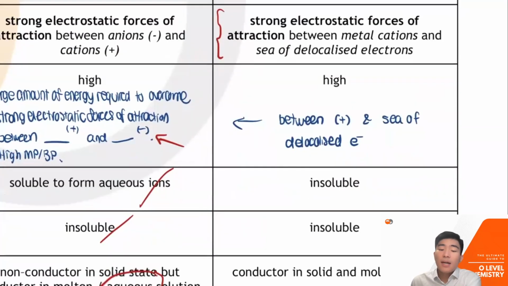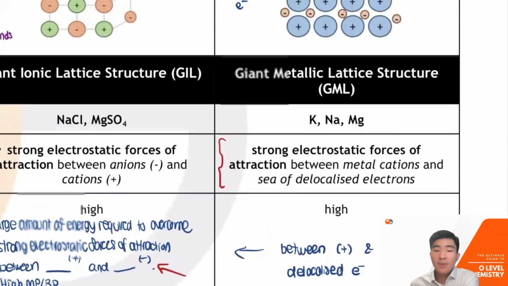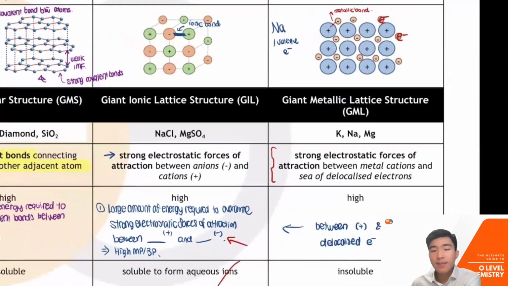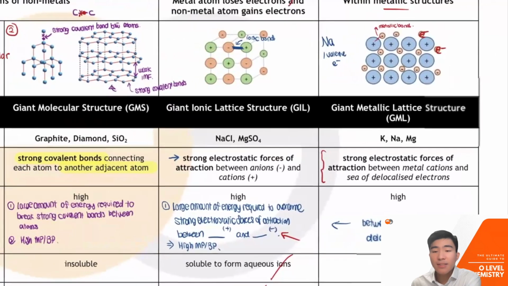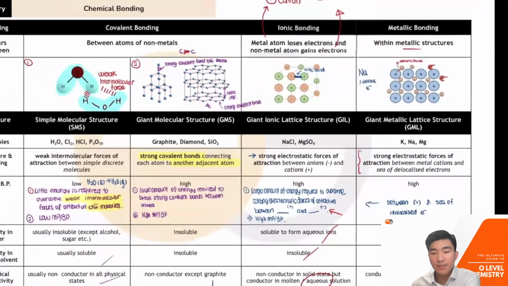However, they can conduct electricity in both solid and molten state. The reasoning is that the electrons are free to move throughout the metallic lattice structure. I say again, the electrons are free to move in the giant metallic lattice structure.